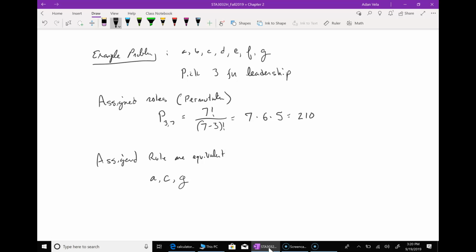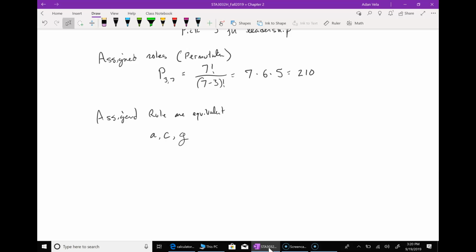Now, there's a whole bunch of different ways that could happen. All right, we could have A be president, C be vice president, and G be the treasurer, or we could start mixing them up. So let me put this in some sort of order. All right, maybe A is president, we have G as vice president, and C as treasurer.